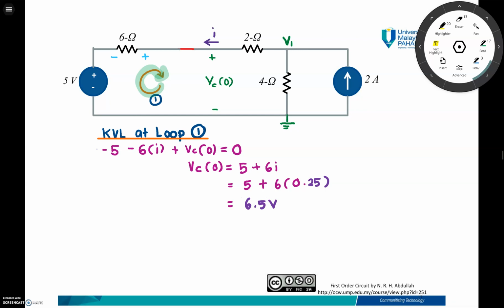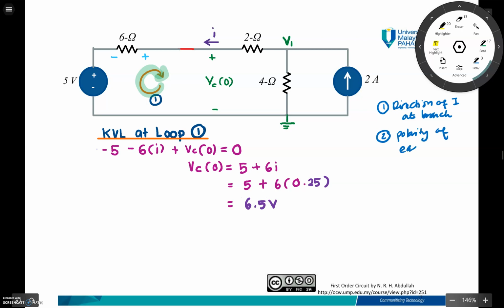First step will be directions of current I at branch. Number 2 is polarity of each element. And step number 3 will be KVL equation.